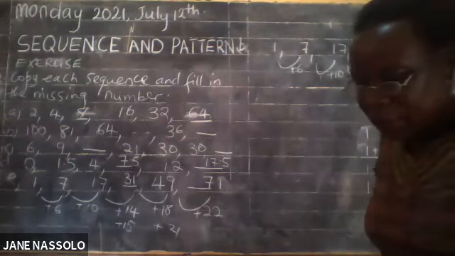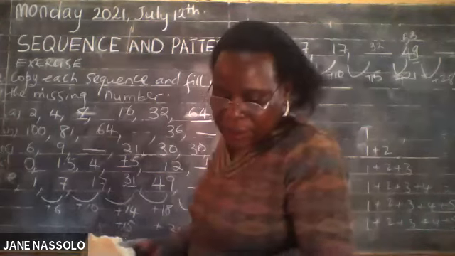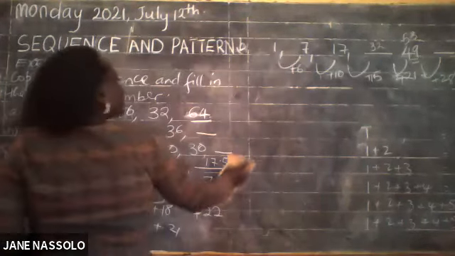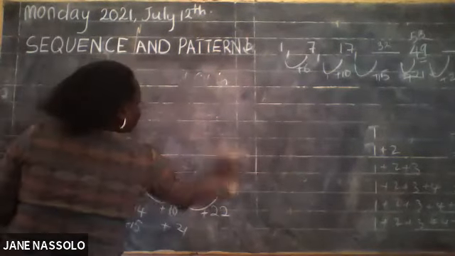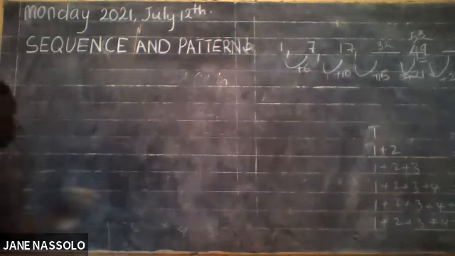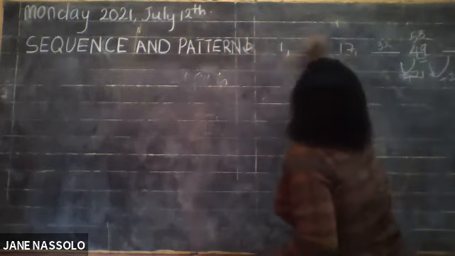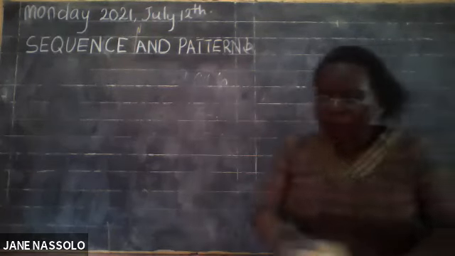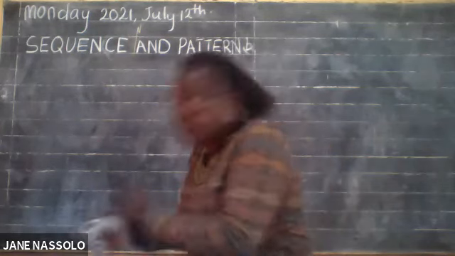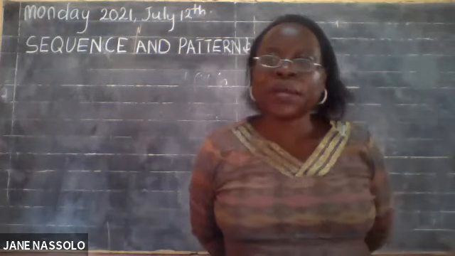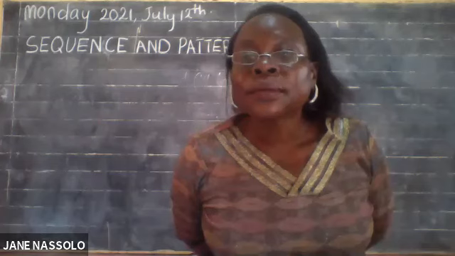Now, what is our next subtopic? Generating number sequences. Can somebody guide us through activity 6.3?